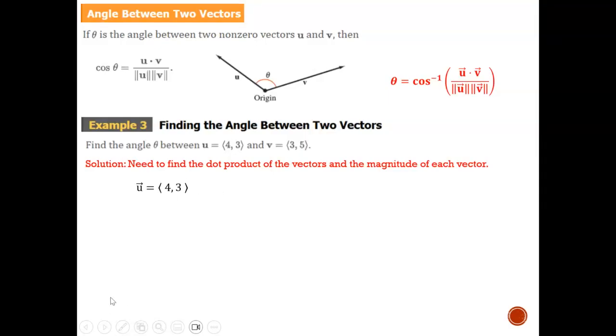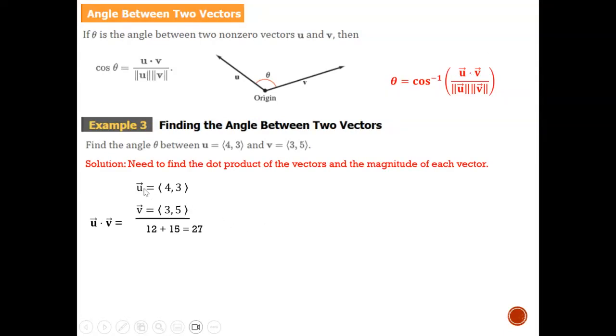Again, we're going to use the observation. Vector u is 4, 3. Vector v is 3, 5. The dot product of u and v will be 12 plus 15, which gives us 27. So I already got the first part, which is the dot product.